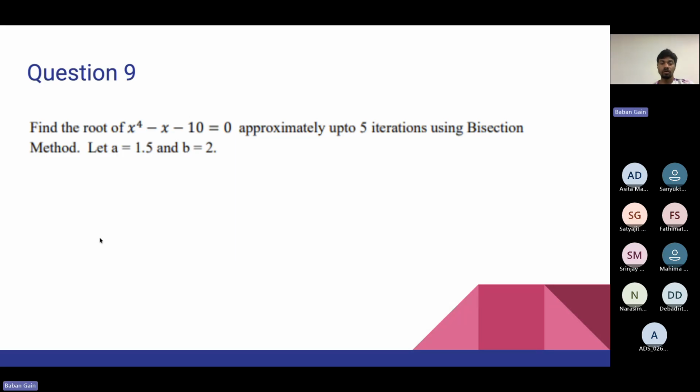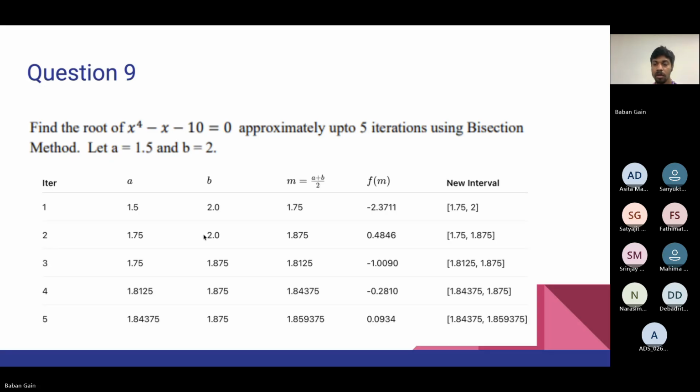Okay. So again, this is about the bisection method. So I'll go to the solution only. In the question, they are saying to start with 1.5 and 2. So I'm starting with 1.5 and 2. Midpoint is 1.75. I am putting 1.75 into this equation. So this is minus.